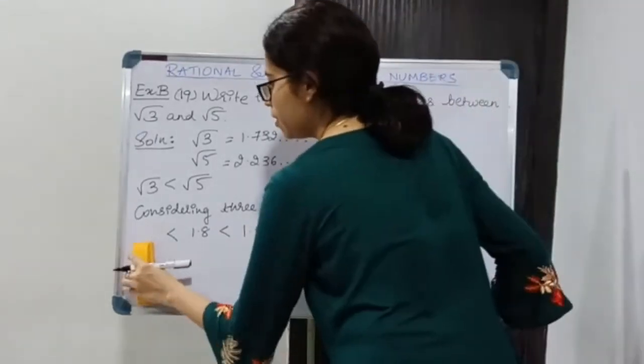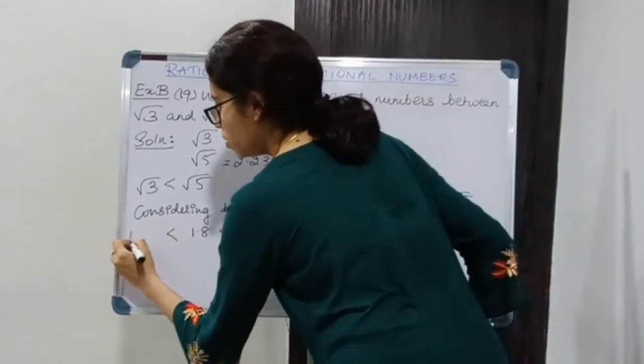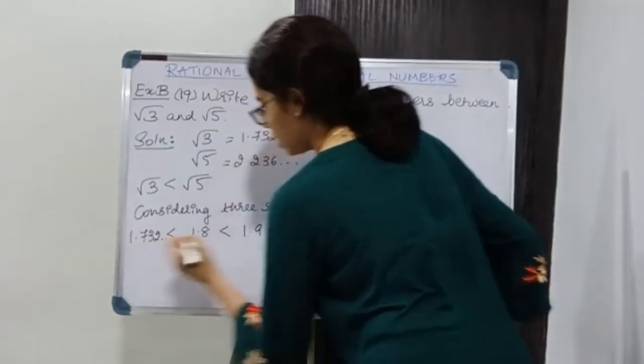Over here I won't write root 3 and root 5, I'll just write down its decimal value.